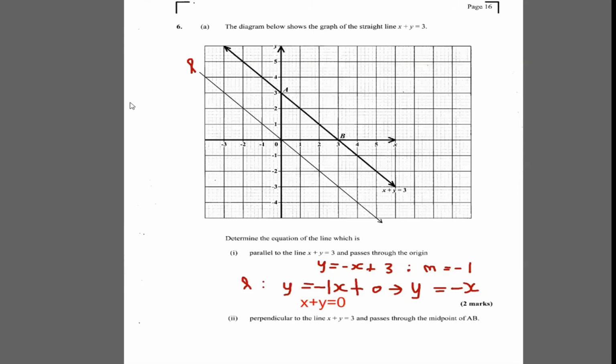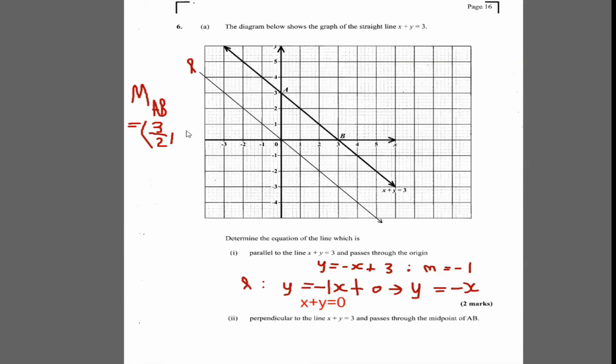The midpoint, I use big M to represent midpoint. The midpoint of AB is going to be equal to x1 plus x2, so x1, which is 0, plus 3, which is 3, over 2, comma, y1 plus y2 over 2. y1 is 3, and y2 is 0.